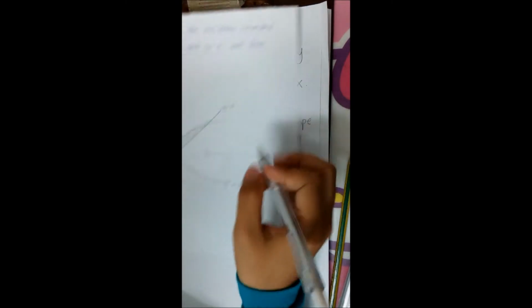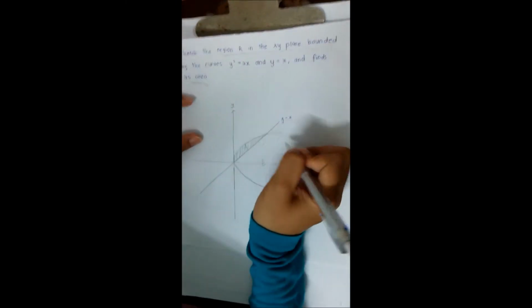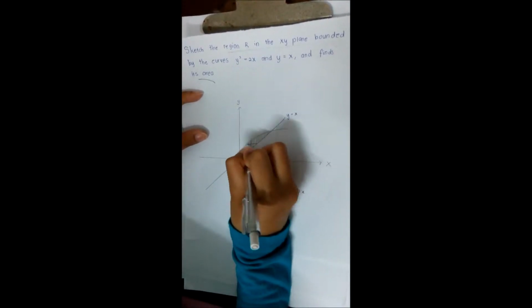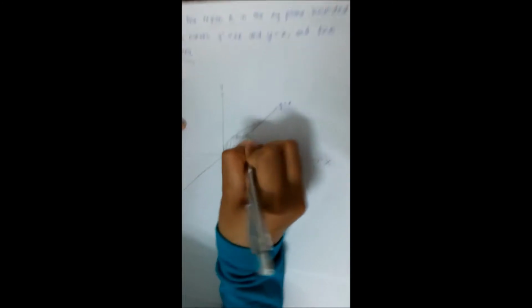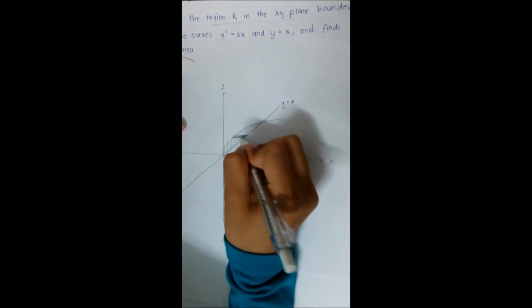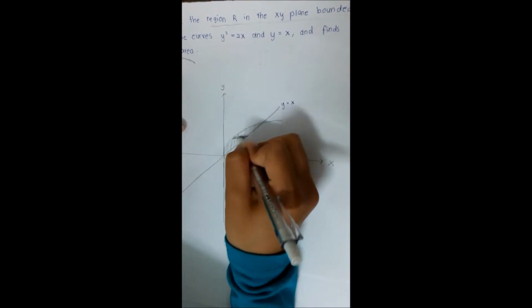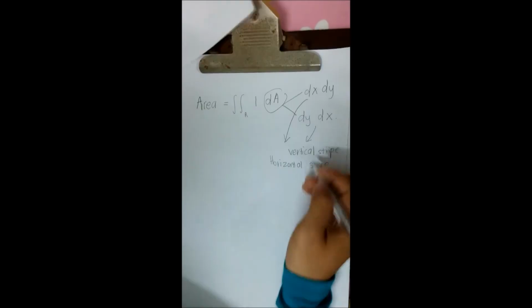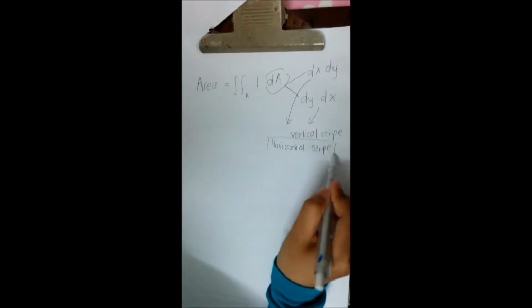So I will choose the horizontal stripes. This will be the horizontal stripe that I'll choose. We can put whatever point, because it will give the same answer. I will choose the horizontal stripe.